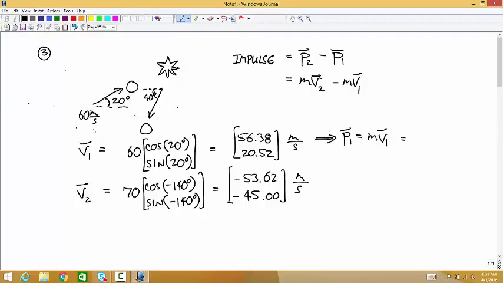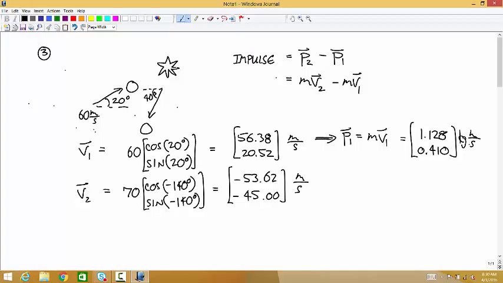So what do you get when you multiply 0.02 times this vector? 1.128. And then what's the second component? 0.410. And that's kilogram meters per second.